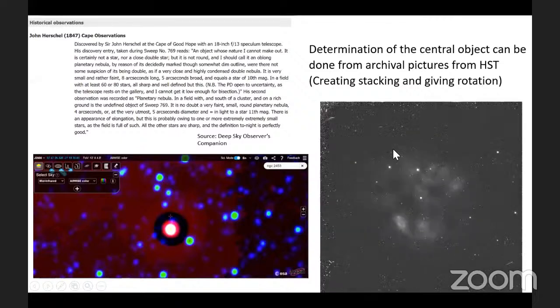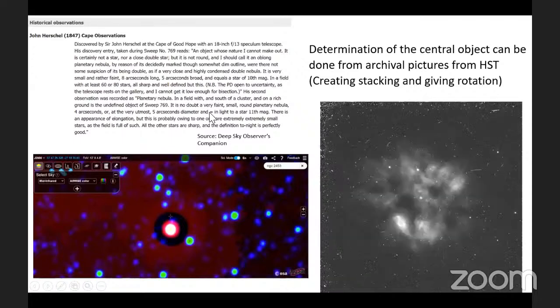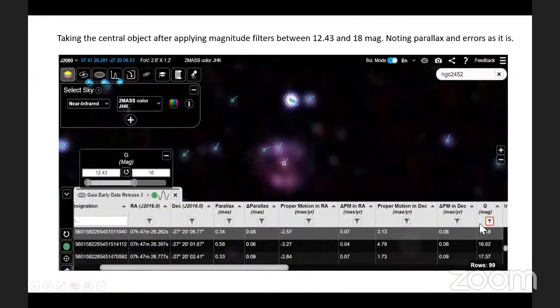So going back to ESA Sky, if I put a magnitude threshold of 18 magnitude, and from other sources I have seen this to be lesser than 18 magnitude, this must be the central star. ESA Sky, Gaia EDR3 actually detects all these clumps as stars, but these are false positives. So this must be the central star.